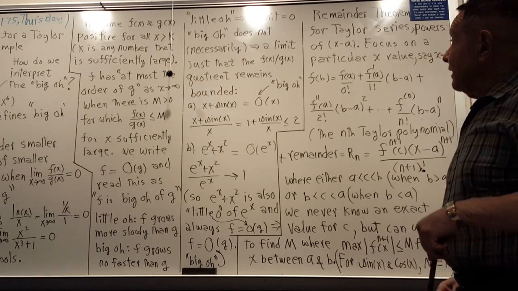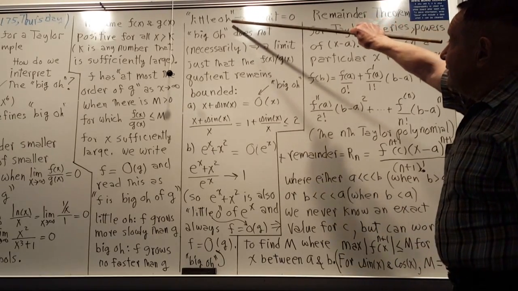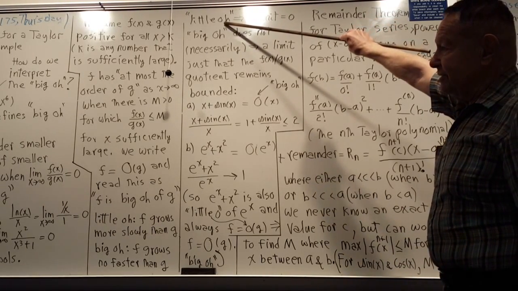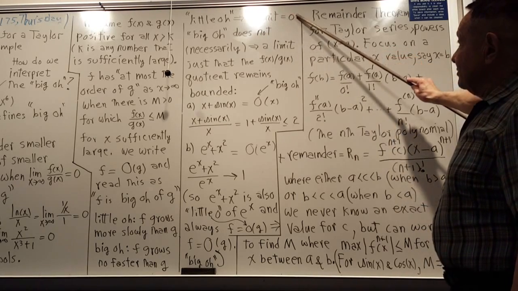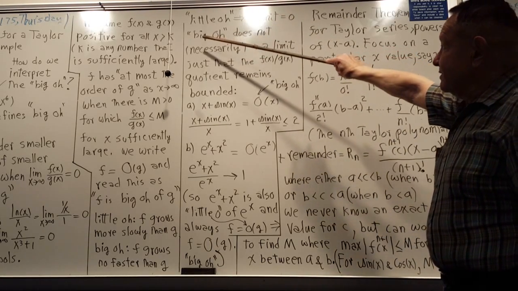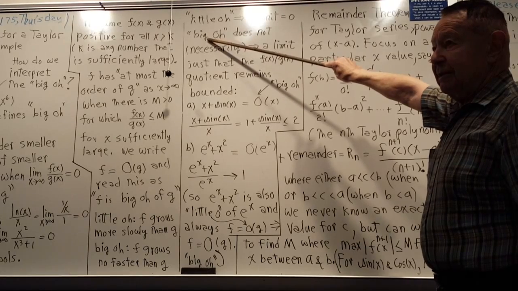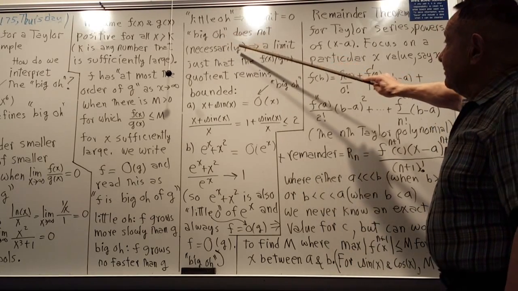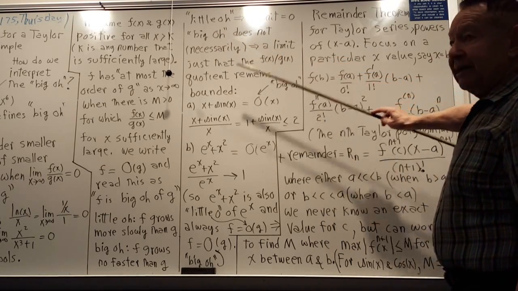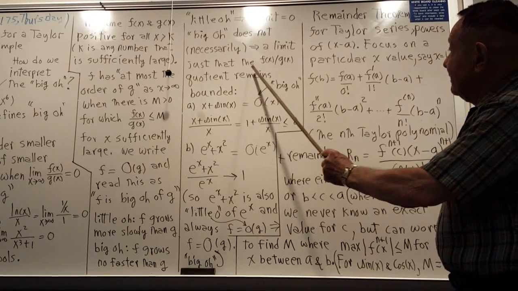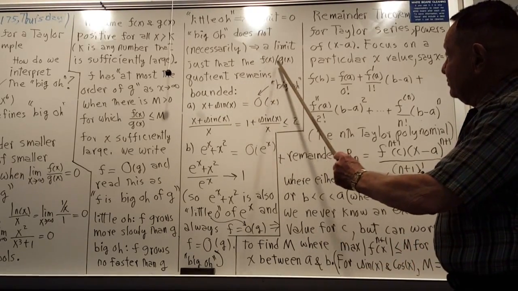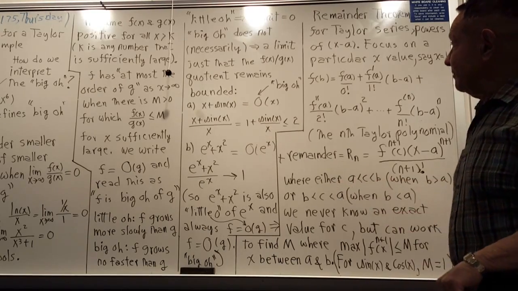So if the relationship is little o, then there is a limit, which will be 0, whereas if the relationship is big O, you do not necessarily have a limit. You may have, but you don't necessarily. You just know that the quotient remains bounded.